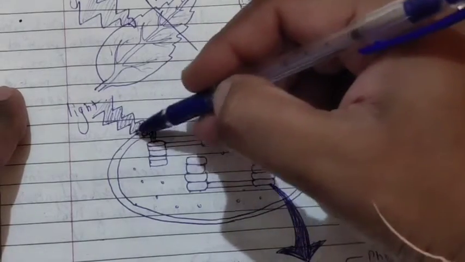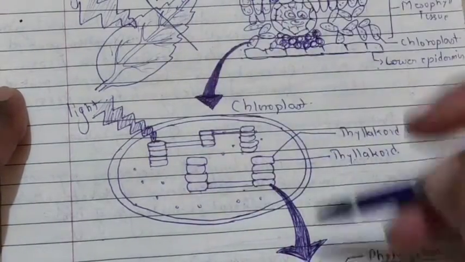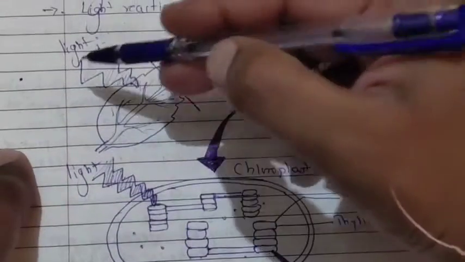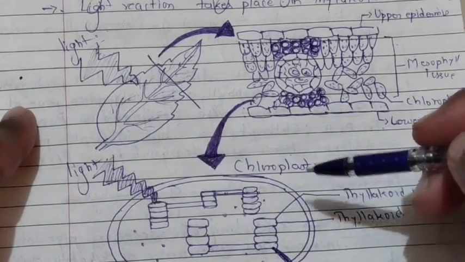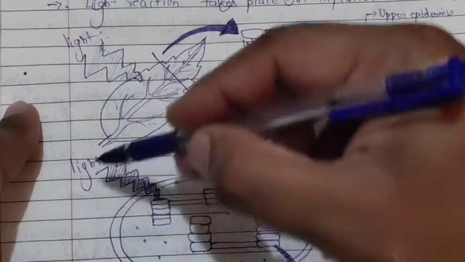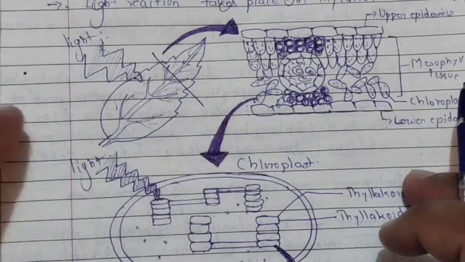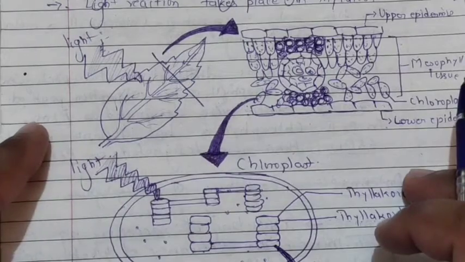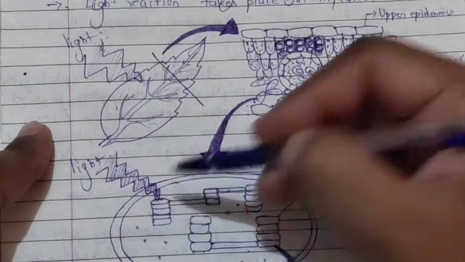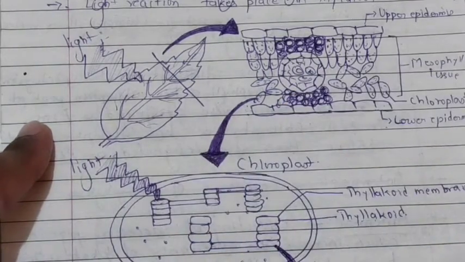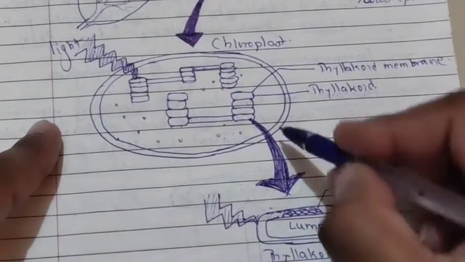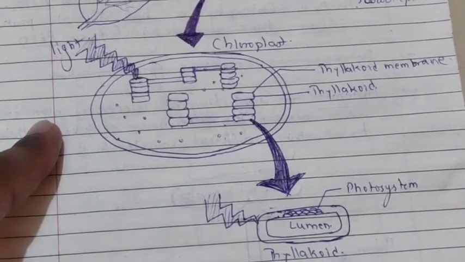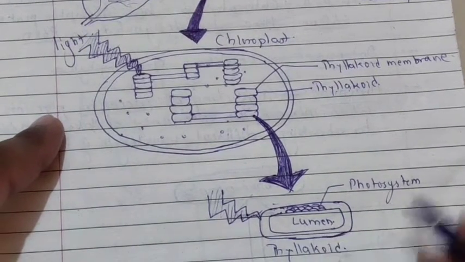So the light is penetrating from the leaf into the mesophyll tissue, and deep inside the chloroplast. Particularly, it is absorbed in the thylakoid. If we take out this single structure, the thylakoid, it is like this.